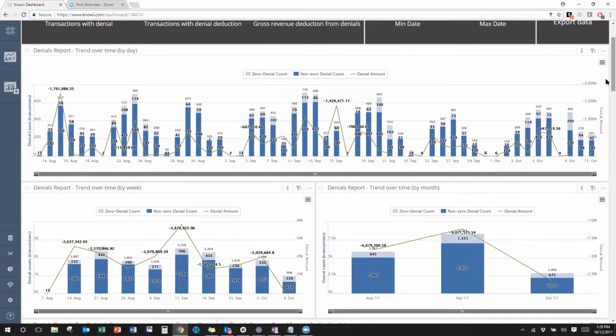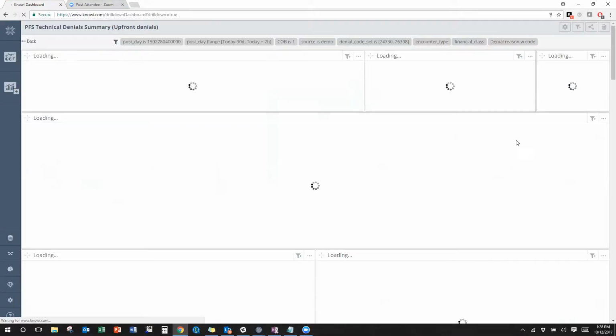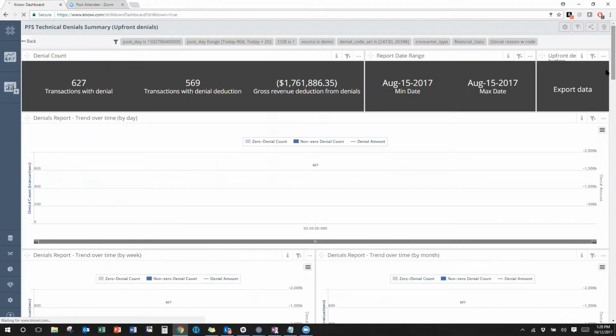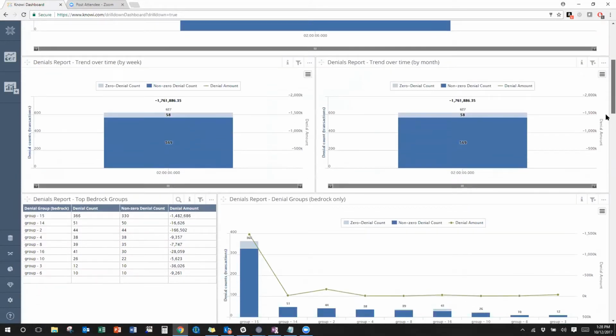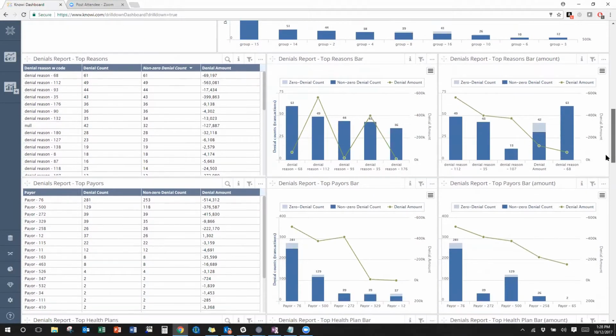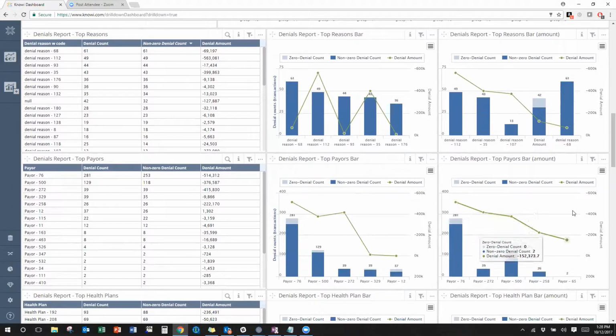The next one would be being able to detect anomalies. So we see spikes in days over here. One thing we can do is say, okay, I see a spike on August 15th, let's click into it and understand what's going on. This spike might be because a particular payer processed certain reasons that day, or for some other reason, but we can find that really easily and either mitigate it, or prevent it in the future by doing some simple root cause analysis with these graphs.